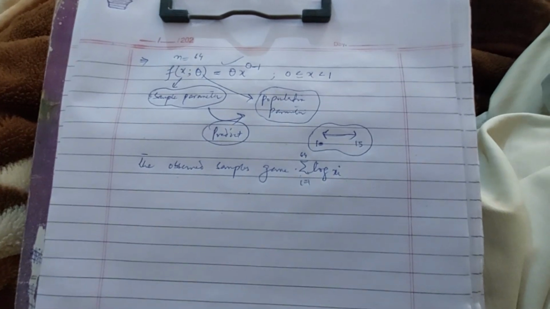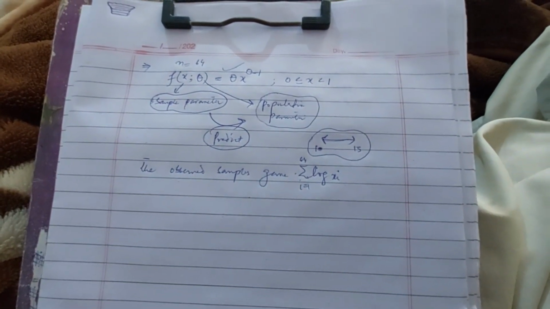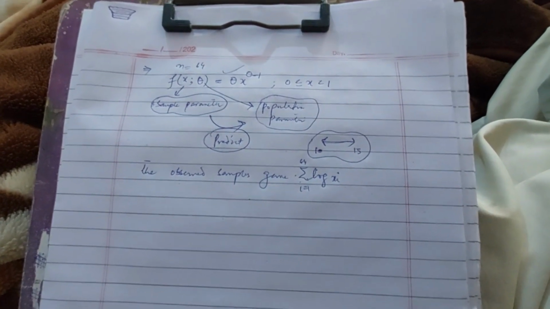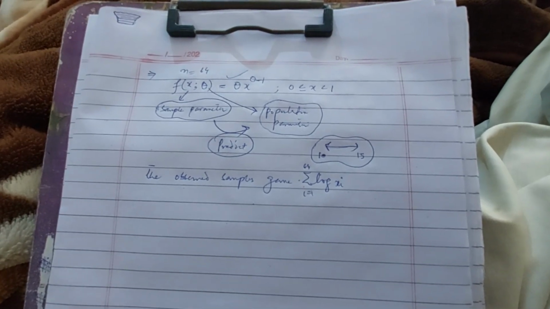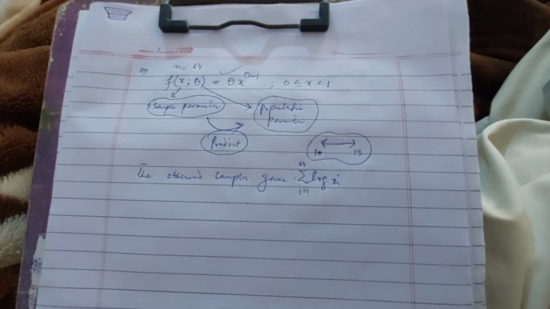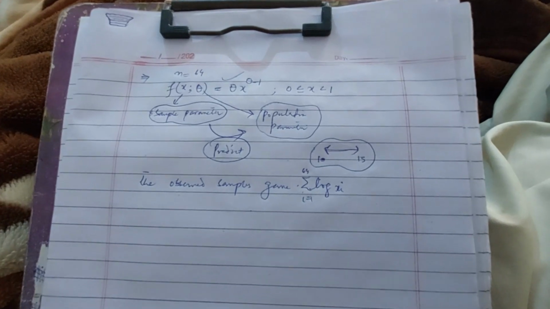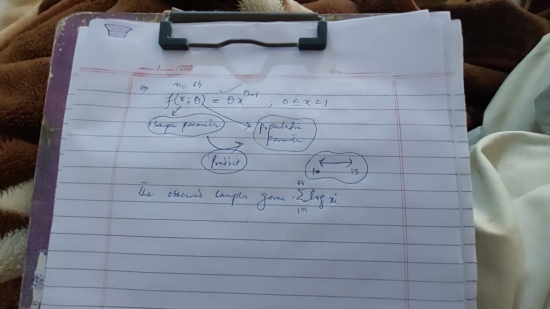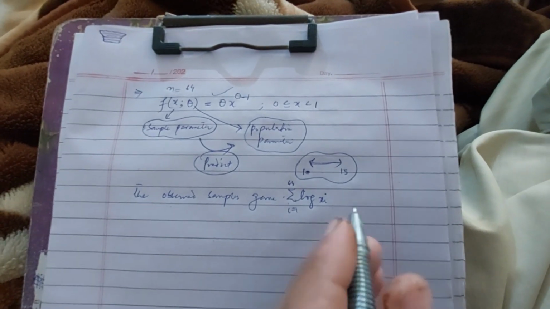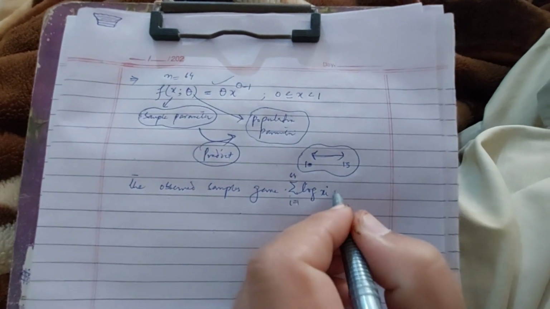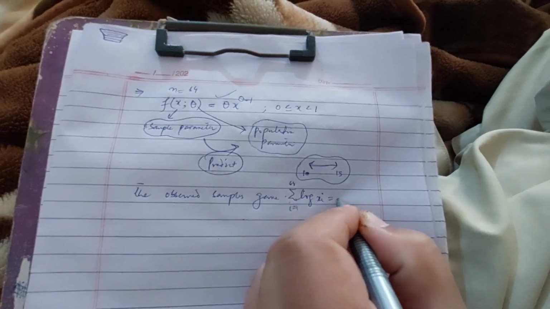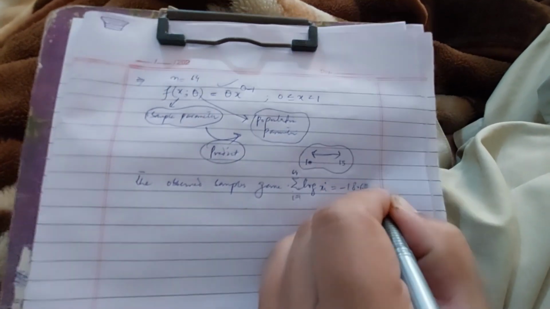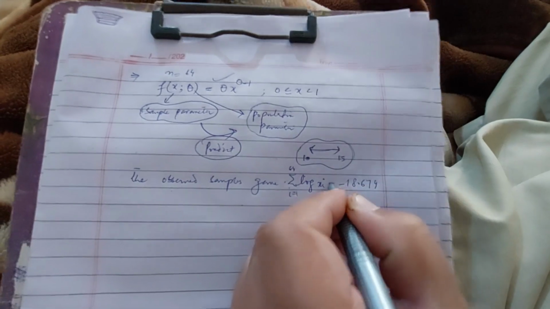For example, sample 1 is 5, sample 2 is 3, sample 3 is 4.5, and so on up to 64 samples. We need to read each sample, and it gives us a value of minus 18.674.